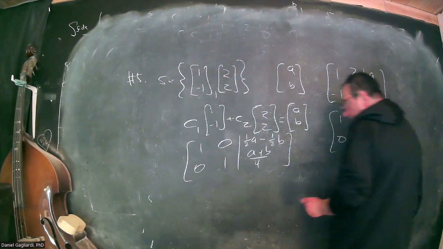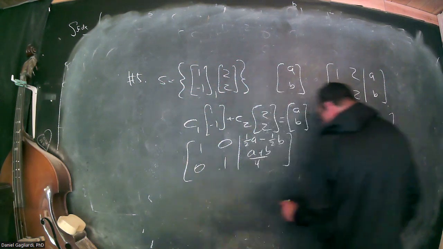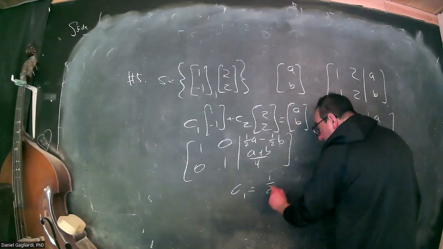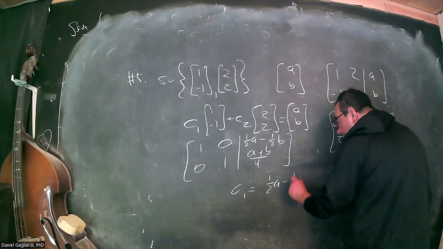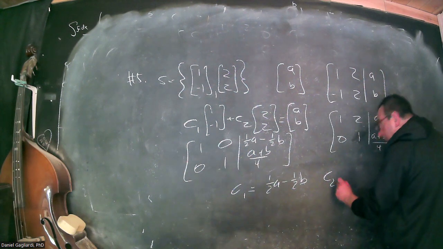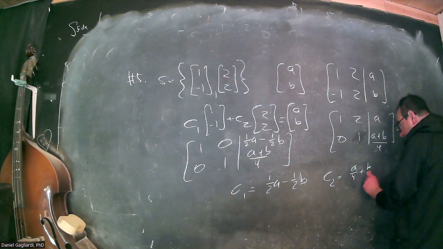Going back to the land of equations, we obtain c1 is equal to 1/2 a minus 1/2 b, and then c2 is equal to a over 4 plus b over 4.